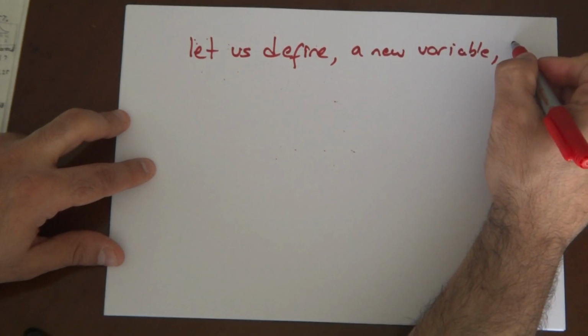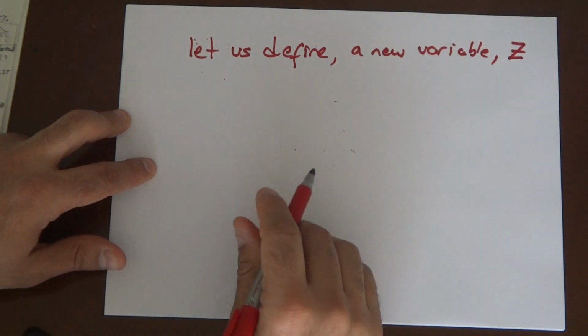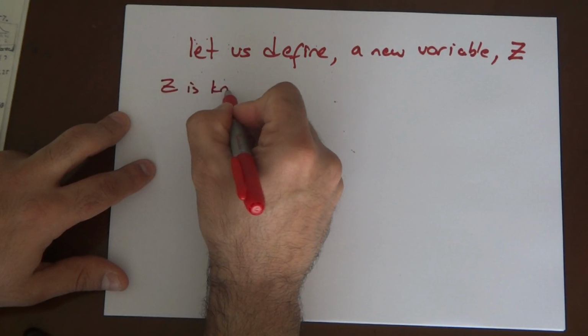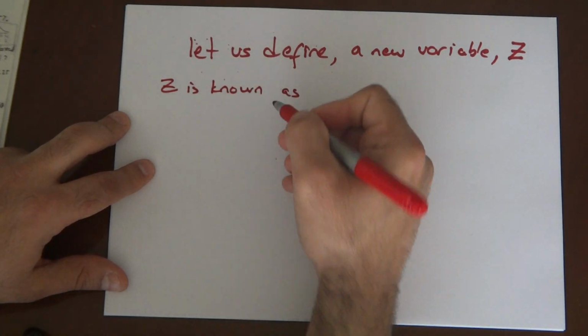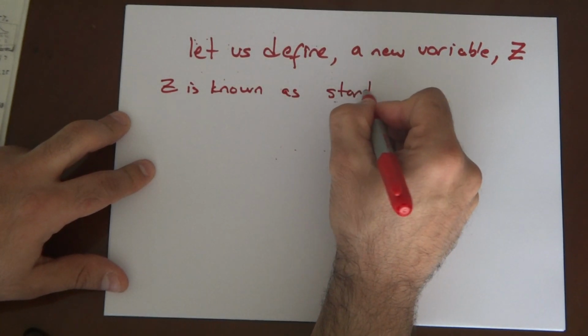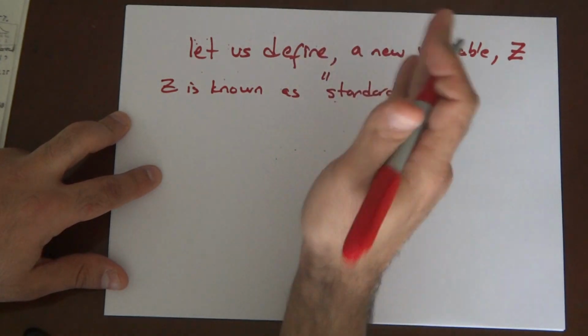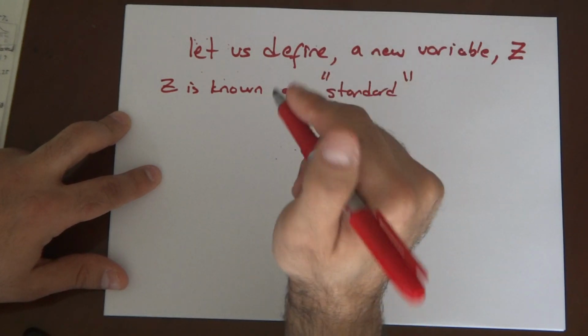This new variable is Z. What is Z? Z is known as the standard normal variable. It is standard, otherwise there is no benchmarking data.